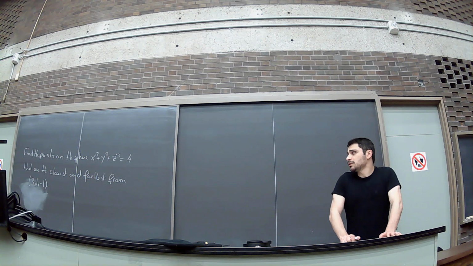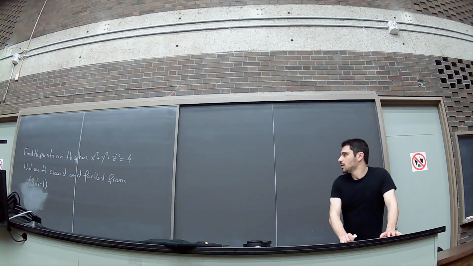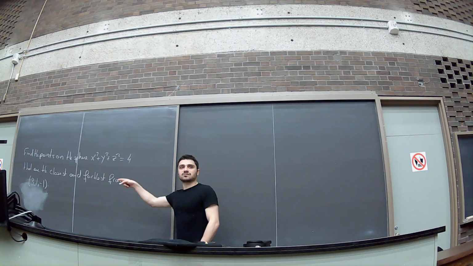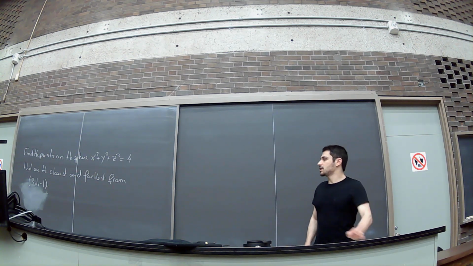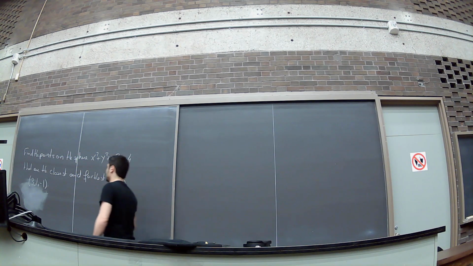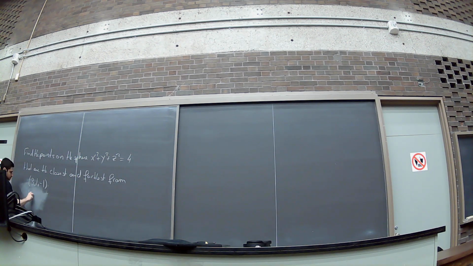What is the distance from 3, 1, minus 1 to a point x, y, z? If I give you a point x, y, z, how do you compute the distance from this point to this point? The square root of x minus 3 squared plus y minus 1 squared plus z plus 1 squared, right?